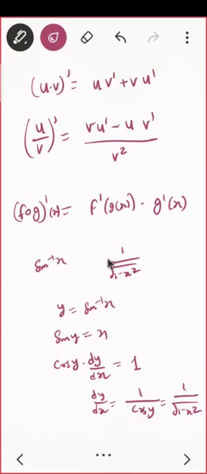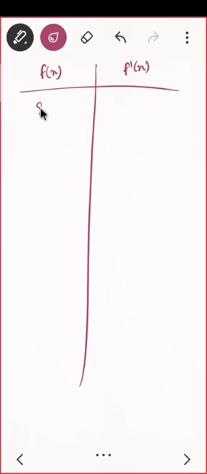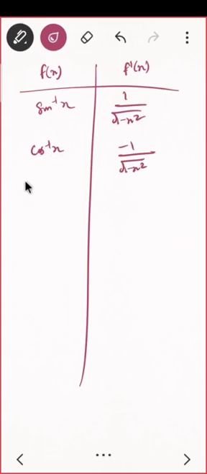So similarly I quickly write the inverse ones. Again, function and derivative. Sin inverse x is 1 upon root of 1 minus x square. Cos inverse x is minus 1 upon root of 1 minus x square. Tan inverse x is 1 upon 1 plus x square.